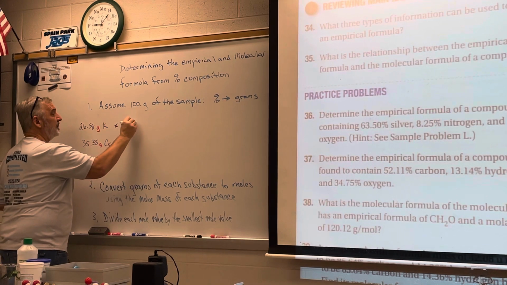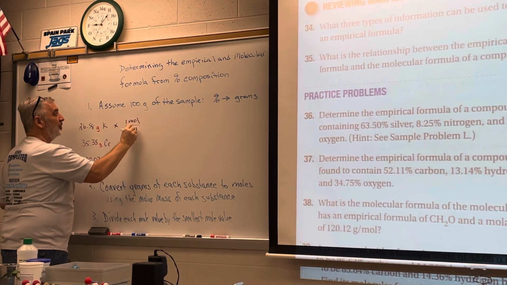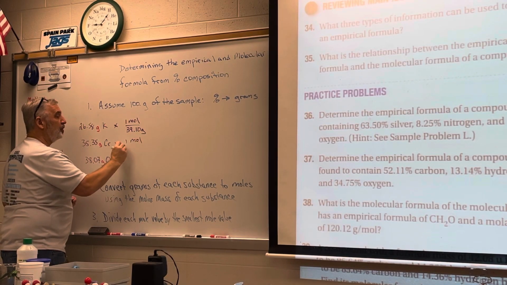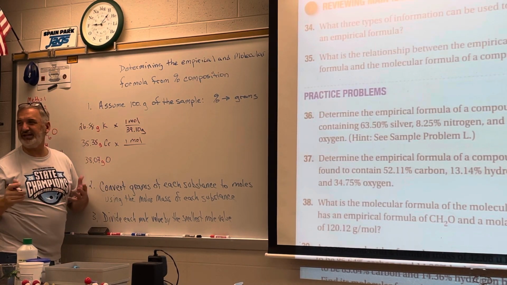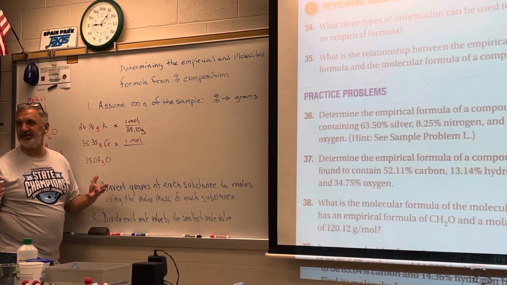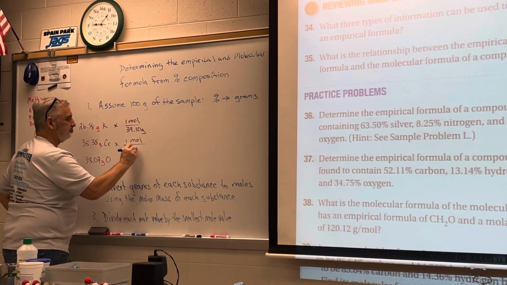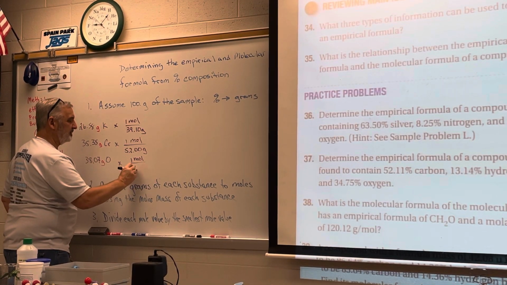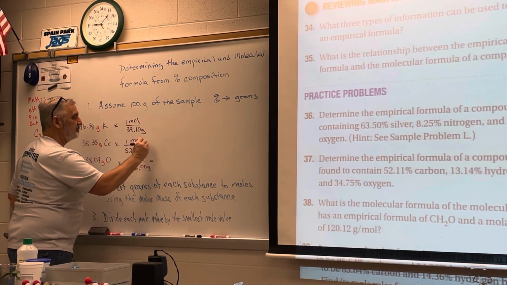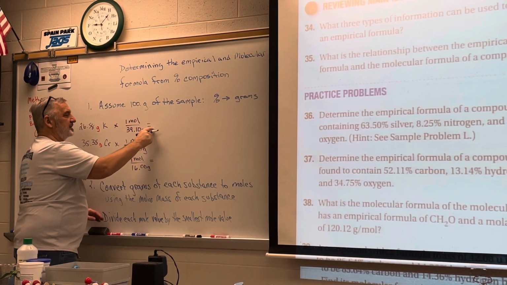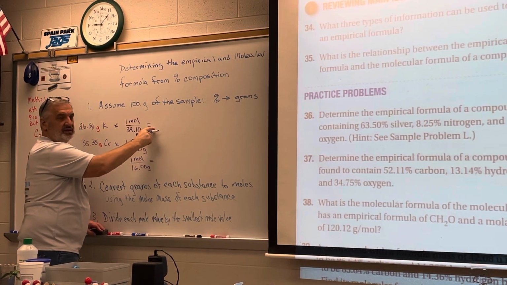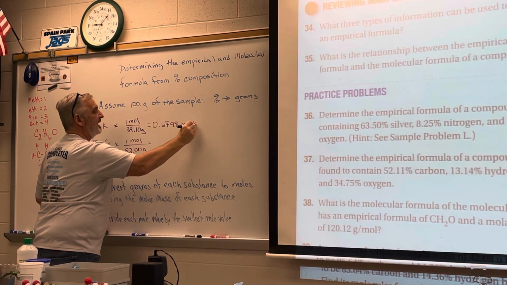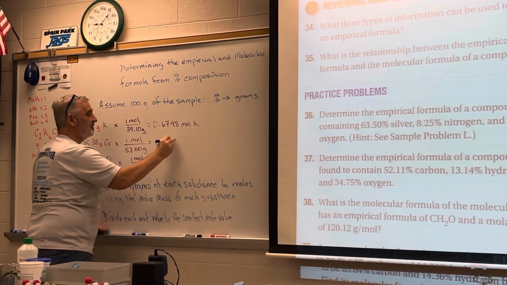So it's 1 mole over 39.10, okay? Times 1 mole over 51.99 something. I did 52.00. Does it come out to pretty much that? Okay, and then this one is always 16. Hopefully we're getting to know that one without having to look it up. Okay, so what does this one come out to? 0.6798 moles of potassium.